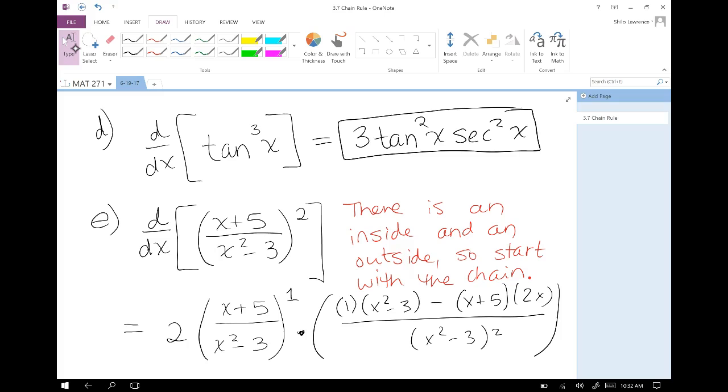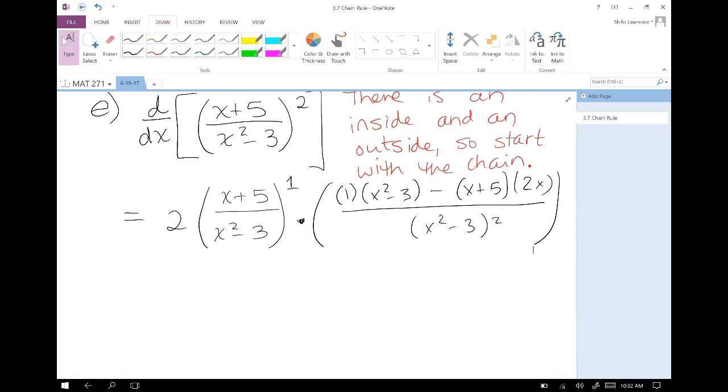So we can clean up that numerator a little bit.